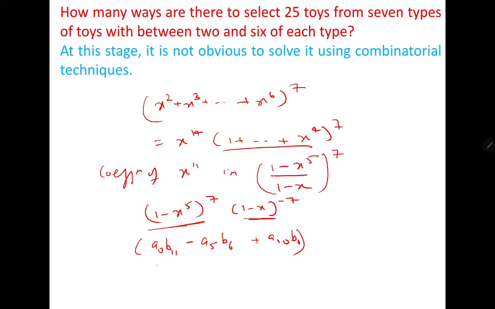Now a0 is 1 and b11 is 11 plus 7 minus 1, 11, then minus a5, which is 7c1.